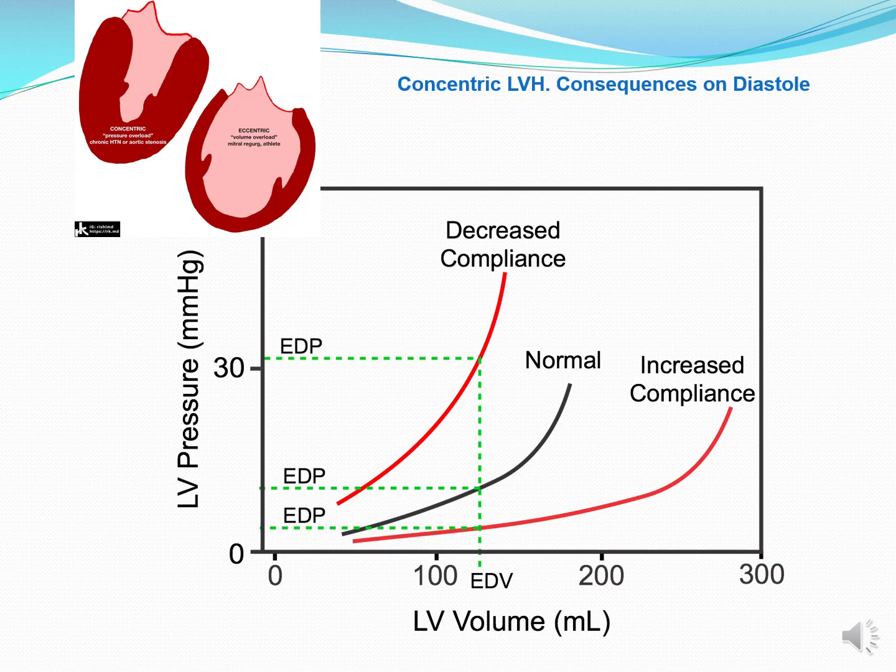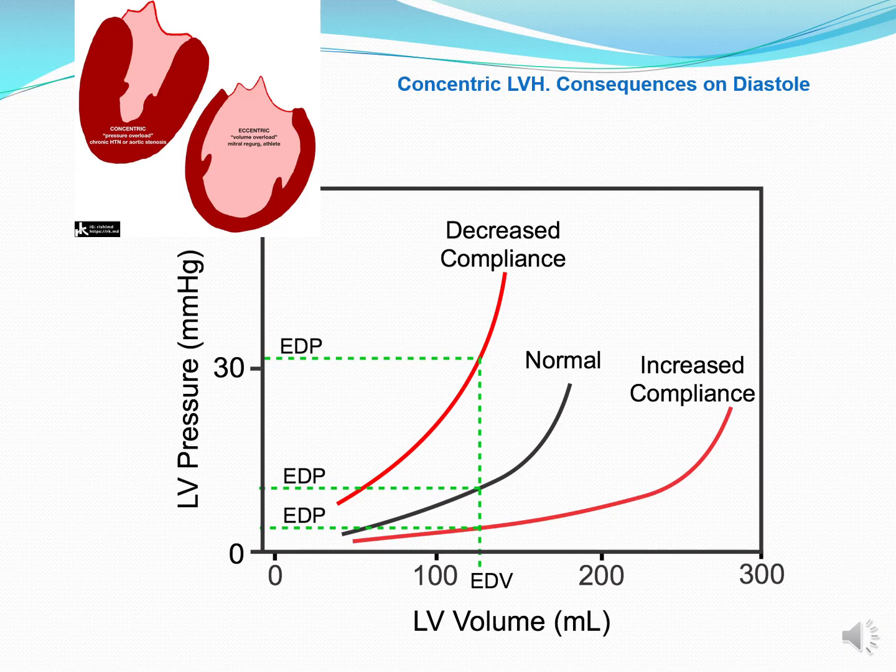So is this the end of the story? No. The concentric left ventricular hypertrophy has consequences on the myocardial stiffness in diastole when the ventricle has to fill. If we look at the middle curve, the black curve, as the ventricle is filled with volume on the abscissa, as you increase the end diastolic volume, the left ventricular diastolic pressure goes up.